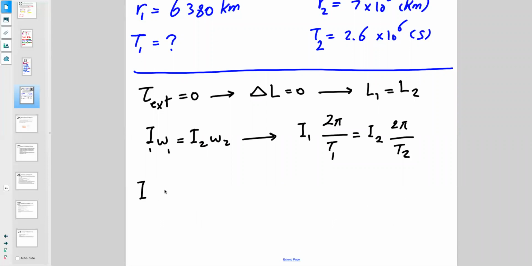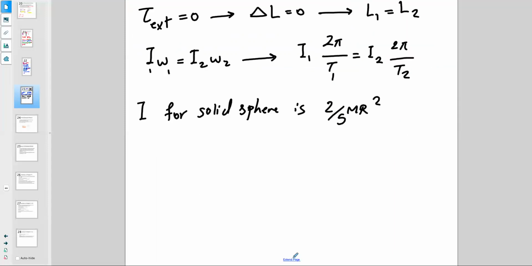I for a solid sphere is 2 over 5 mr squared. That's what the I is for a solid sphere. It's not given here, but it's usually given in the problems. We don't want you to derive it or to find it. So if it's necessary, we'll give this to you. I just have it in my mind because I've worked with these problems for so many years. So 2 over 5 mr squared.